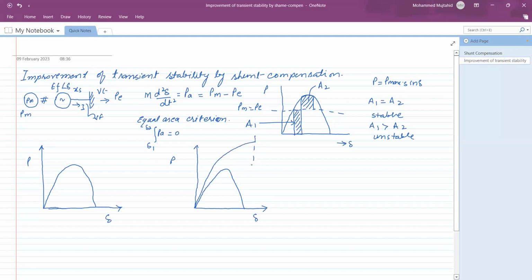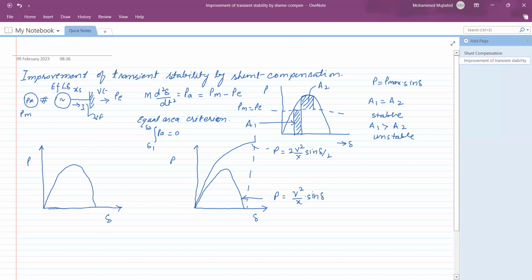This is the compensated line which we have seen earlier. This is P equal to 2V²/X into sine(delta/2), as we have seen. And this is the curve which is P equal to V²/X into sine delta. So this is uncompensated, and this is the compensated line.